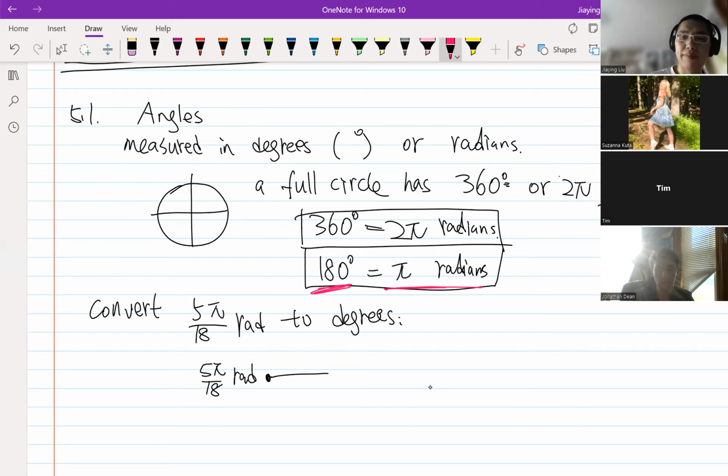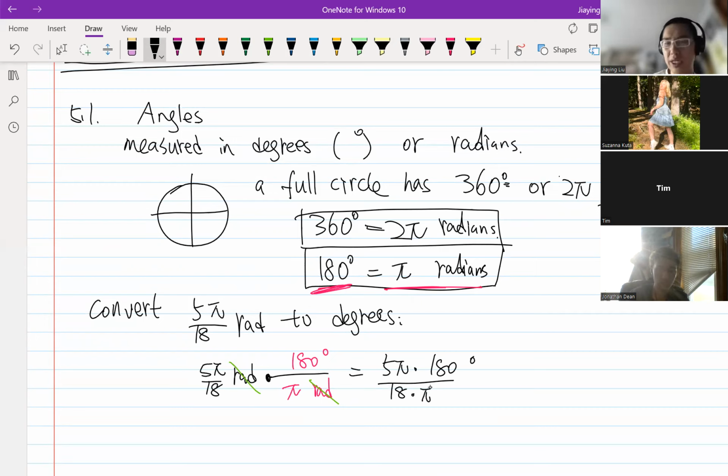But I want to line them up correctly so that the radians will cancel, because I want to end up with degrees, right? So I'm going to put pi radians in the denominator, and I'm going to put 180 degrees in the numerator. That way, the units radians will cancel. So I end up with 5 pi times 180 degrees divided by 18 times pi. There's no more radians left.